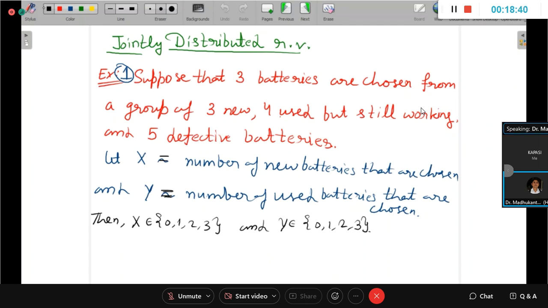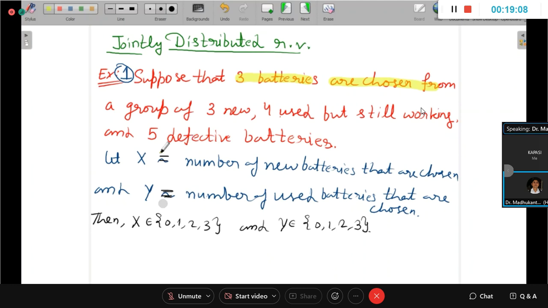So let's take this example. Suppose that three batteries are chosen from a group of three new, four used but still working, and five defective batteries. You have this information: three new batteries, four used batteries that are still in working condition, and five defective batteries.